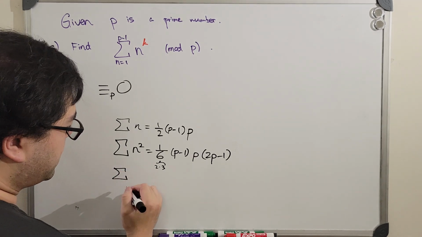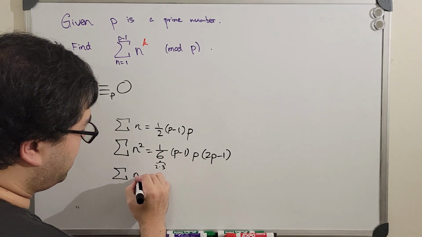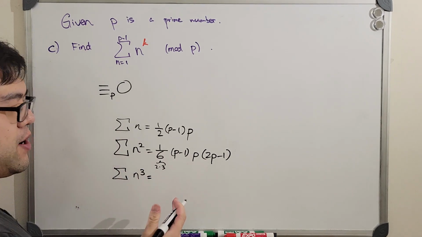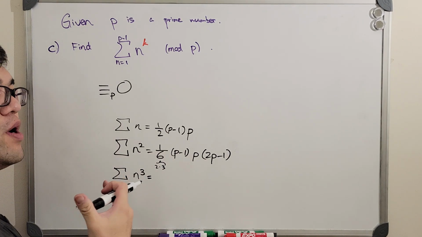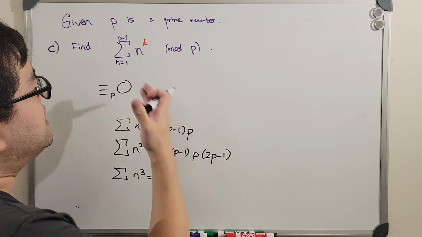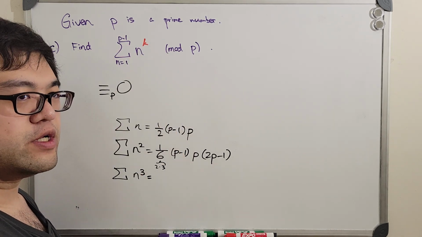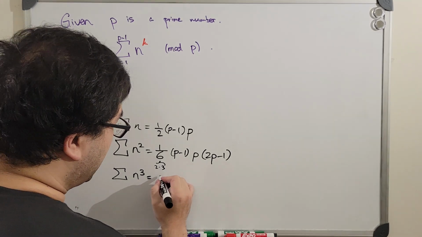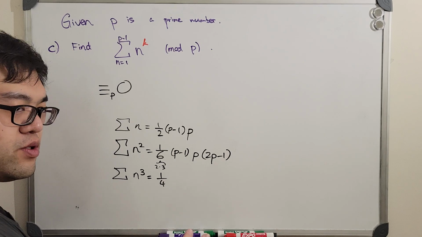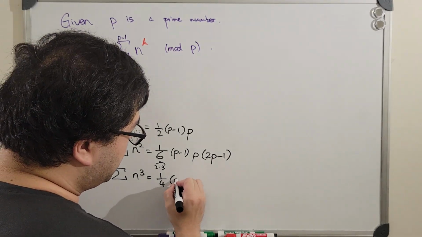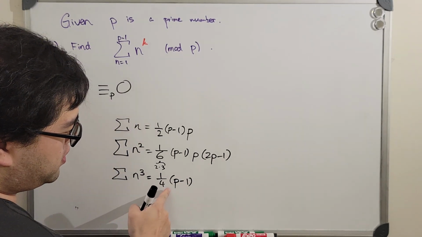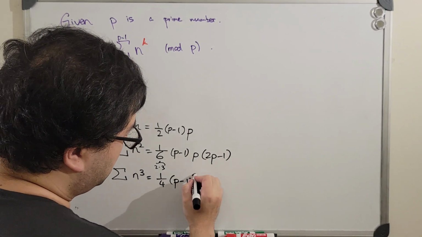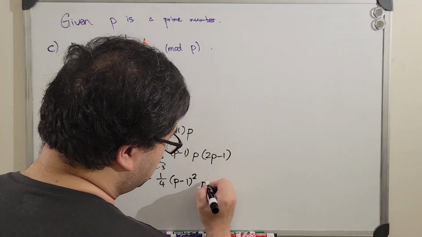So if we now try to check one more as an example, let's say n to the third power. If we try to sum up the first p minus 1 terms of the cube, the perfect cube, we get, of course, if you don't memorize it, it's okay. If you memorize the formula, you actually get 1/4 times p minus 1 quantity square times p square here.